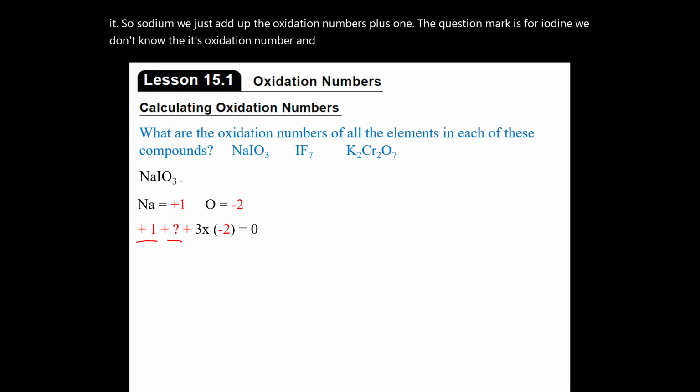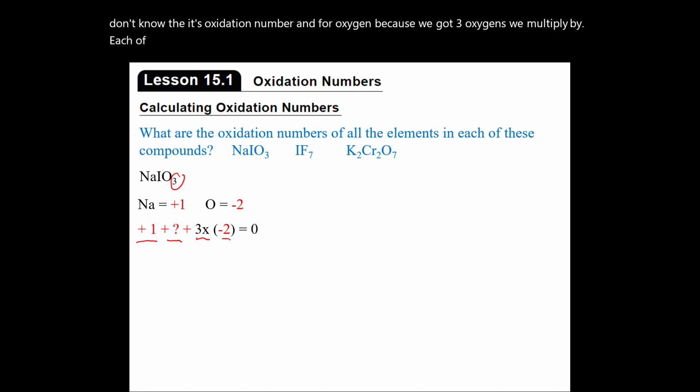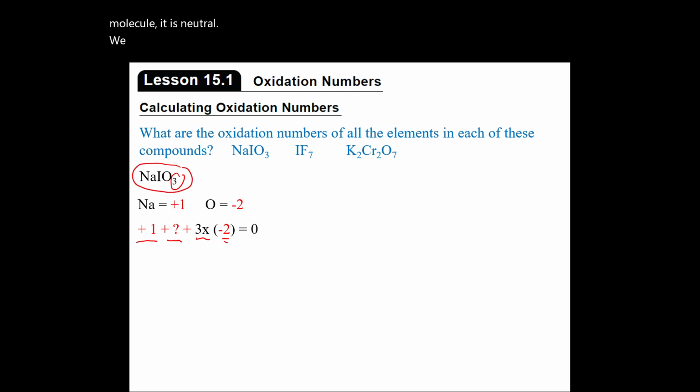And for oxygen, because we got 3 oxygens, we multiply by each of those oxygens' oxidation number, which is -2. And because there is no charge on the molecule, it is neutral, we equal those numbers to 0. And so this will be -6, right?